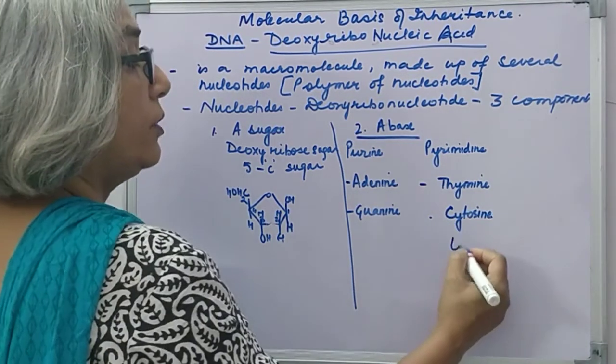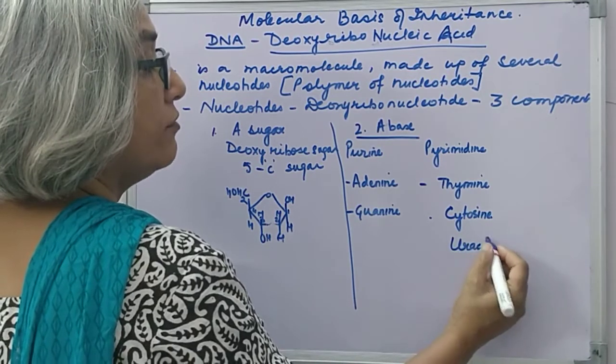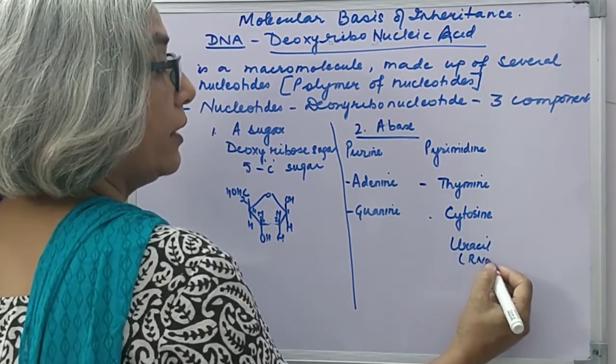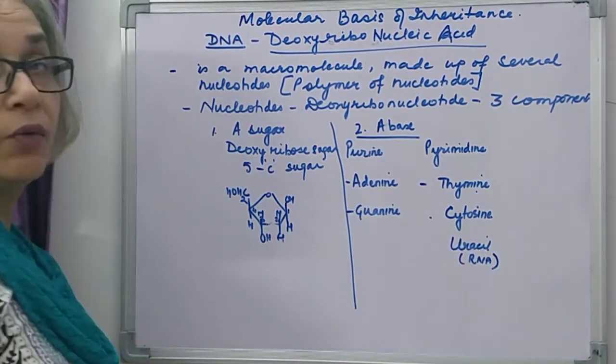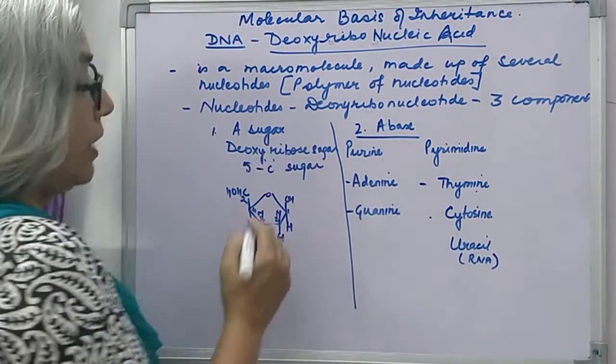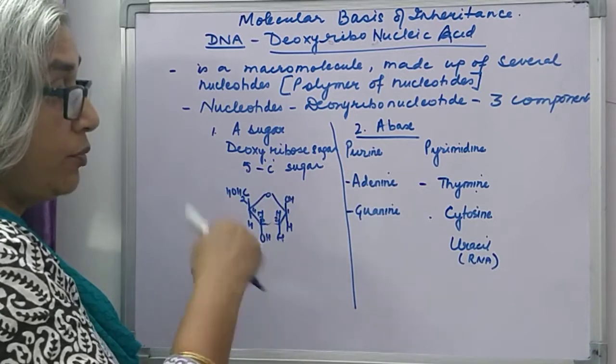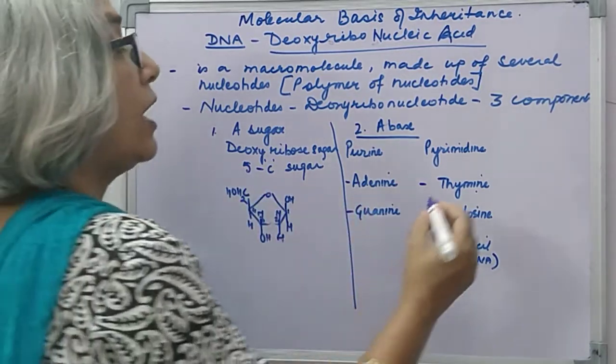The third pyrimidine base is uracil, which is only found in RNA. In place of thymine, uracil is found in RNA. And the other kind of sugar is ribose sugar, which is found in RNA.